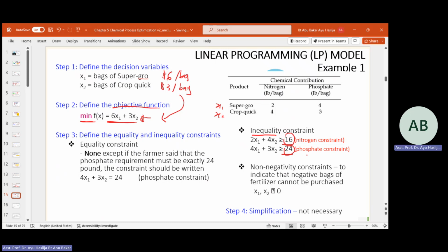Okay, then phosphate: for Supergrow 4x1 plus 3x2 at least 24, equal or larger. Okay, that's how we get this constraint equation. Any question up to here? Okay, take your time first to understand how this equation works.